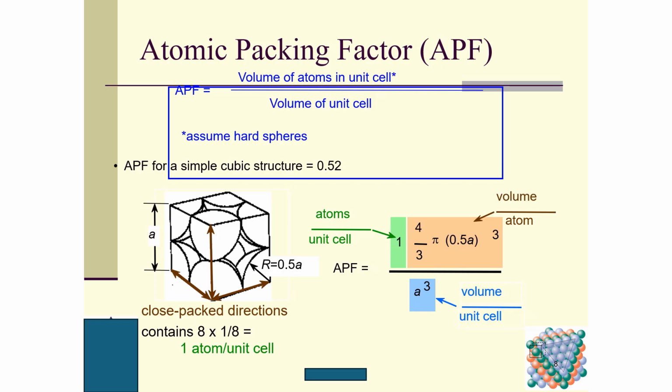The radius equals 0.5 a, where a is the length of the side of this cube. So based on this equation, we get APF for SC equals 0.52.